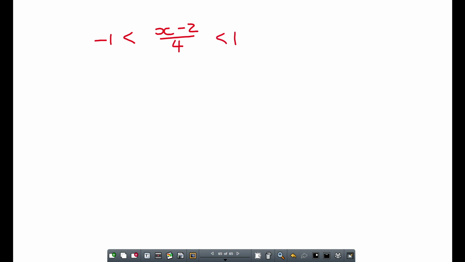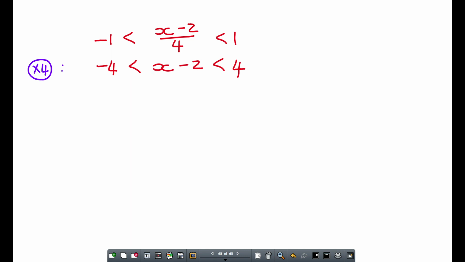Good. So the first thing you want to do here is get rid of the fraction. So I'm going to say times by 4. But now I've got to multiply every single thing by 4. So the minus 1 becomes minus 4. This stays x minus 2, and that 1 becomes a positive 4. Okay? Now I want x alone.